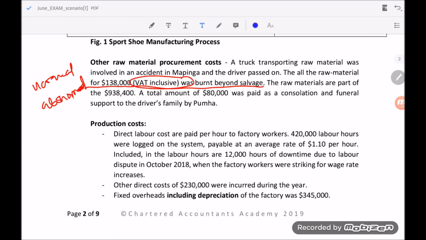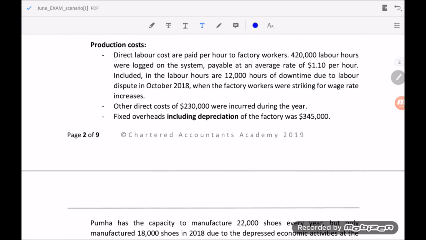Then further going down, they talk about production costs. So direct labor costs are paid per hour to the factory workers. Then there are 420 labor hours which were logged into the system, paid at an average rate of $10 per hour. And included in the labor hours are 12,000 hours downtime due to labor dispute in October 2018 when the factory workers were striking for a wage rate increase.